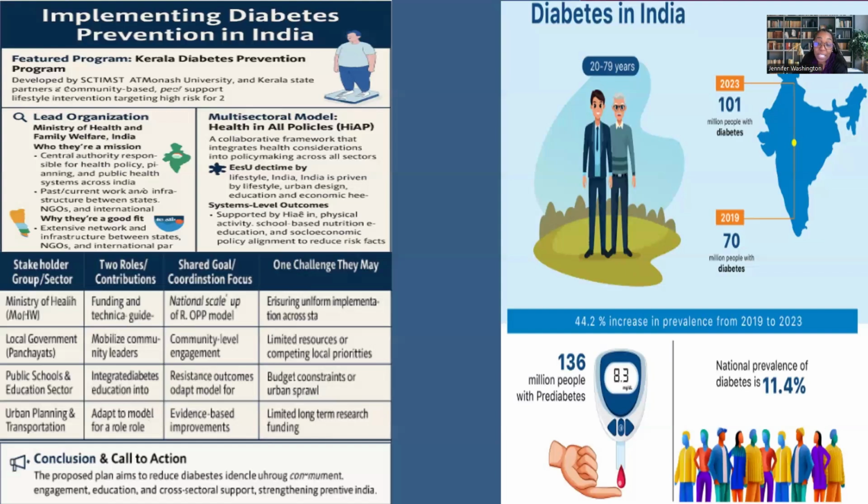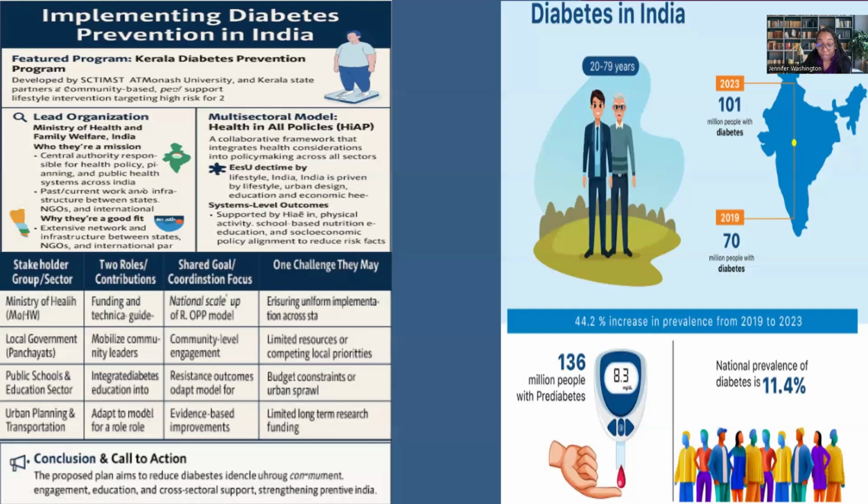Each sector has a clear role, shared goals in preventing diabetes, and likely challenges, such as limited budgets and resistance to curriculum change. But through coordination of these groups, we could work together to build a sustainable prevention system.